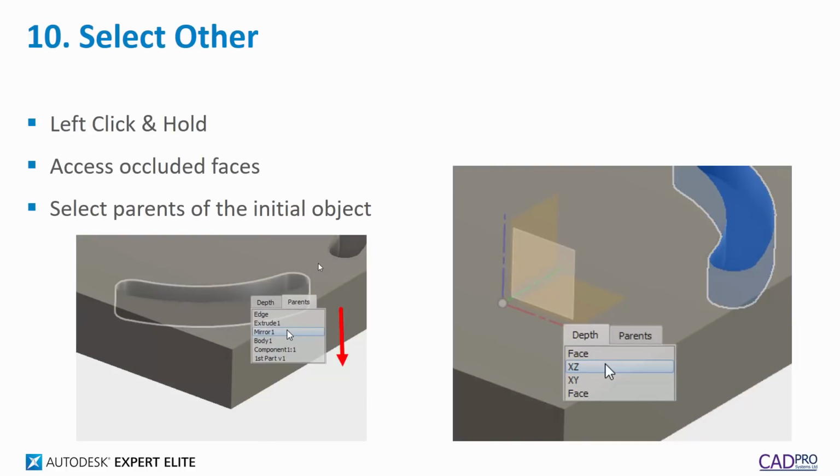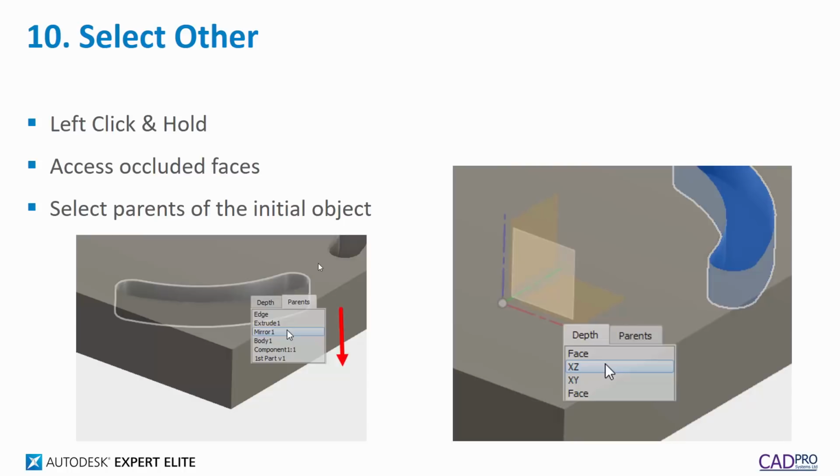Okay, select other is also another kind of hidden away feature inside Fusion, but is fundamental for successful, or satisfactory, use of the product. So with 3D modeling, often you want to be able to select objects which are inside or behind other objects. To access that inside Fusion, you just move your cursor to where you think that object is that you want to select, left click and hold, and this dialog will appear.